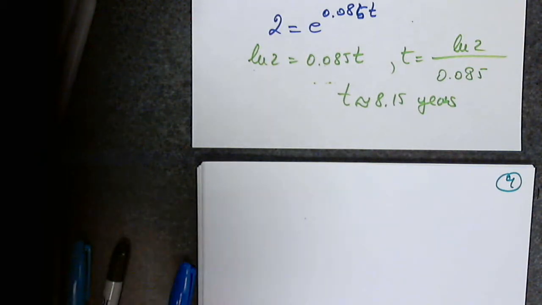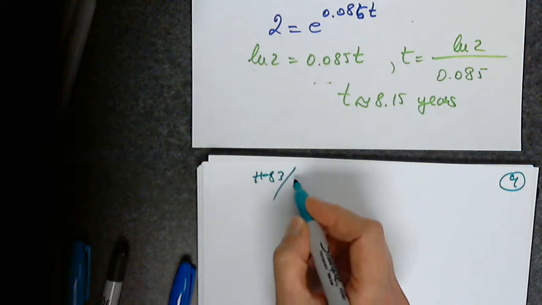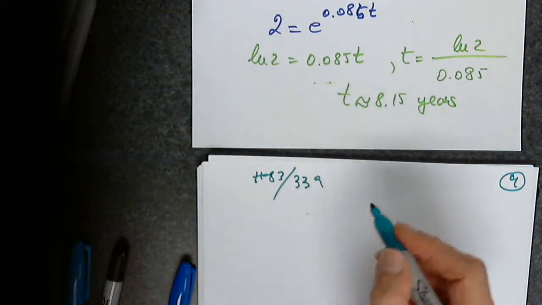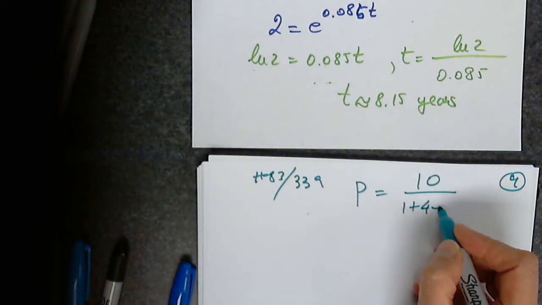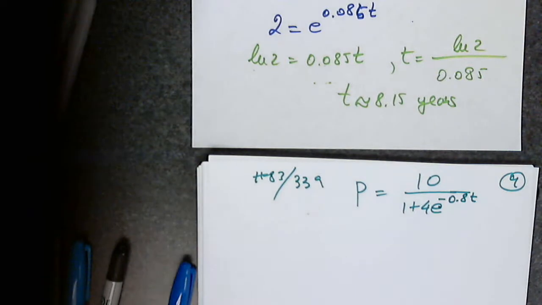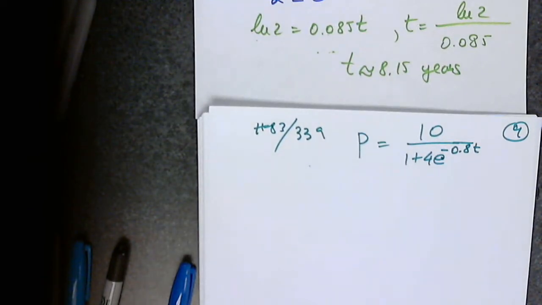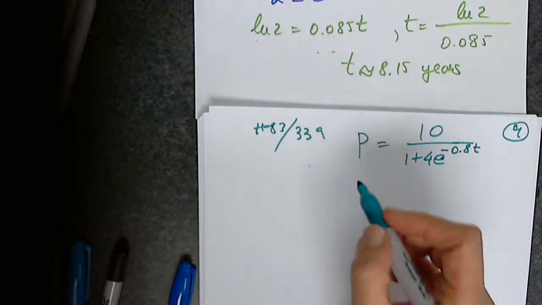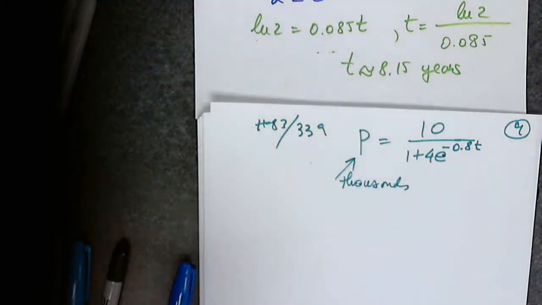The fish population is modeled by the function. So this is 83 on page 339. P equals 10 divided by 1 plus 4 times e to the negative 0.8t. Did we do this problem? Okay. Where p is the number of fish in thousands, and t is measured in years since the lake was stocked.